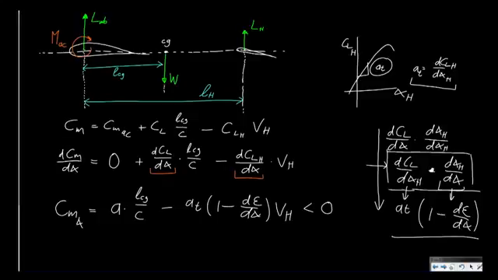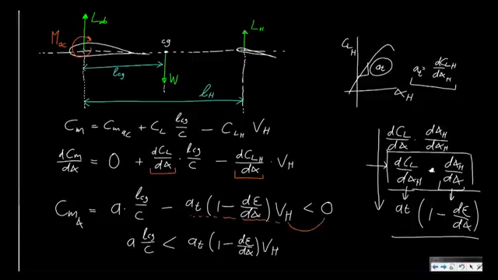So let's see what this means. If we move this to the other side, you basically say that the A times l_CG divided by c has to be smaller than the AT times (1 minus dε/dα) times VH. What we've done here is move this part to the other side of the equation.